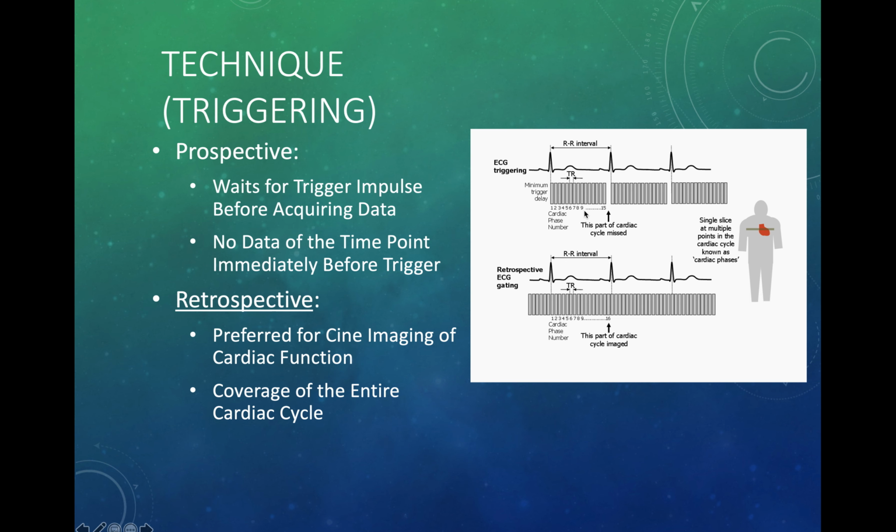Prospective might be used when there is severe arrhythmia, but as you may see here, the triggering is at the R wave and it has to stop before the next cardiac cycle, which means a very small part of the cardiac cycle is lost and not included in your numbers. So while you are doing the post-processing, bear in mind that there is a kind of underestimation, or an error, in the measurements.